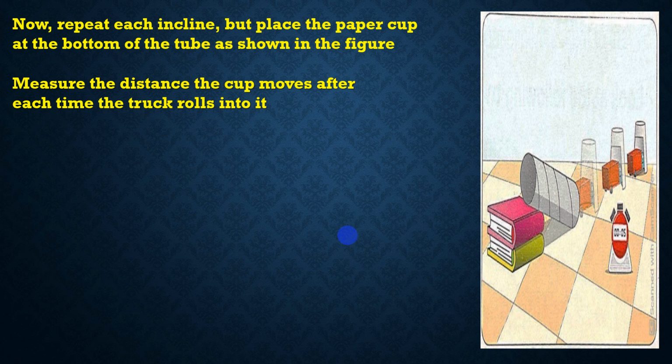So the meaning of this is, when I let the truck roll inside this paper tube, I fix a paper cup, and I have to measure the distance with a ruler. I have to measure the distance that the cup moves because of the truck after each time the truck rolls on it.